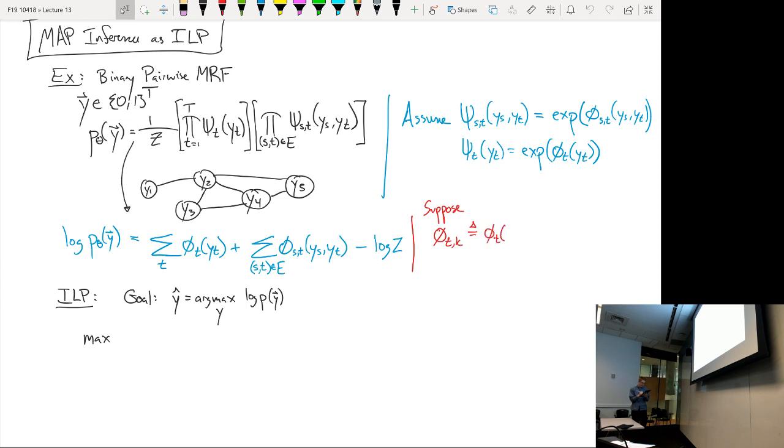And similarly, phi st kl is defined as phi st of k, l.